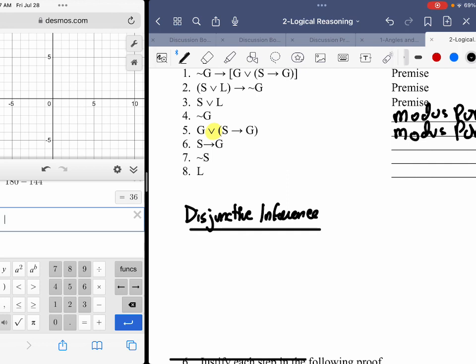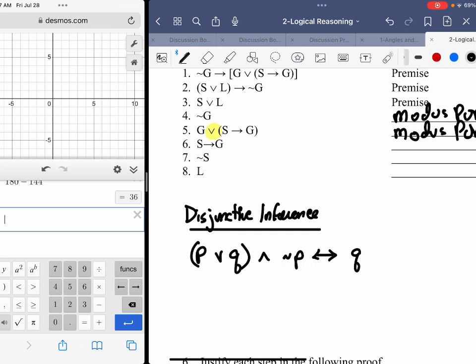All right, law of disjunctive inference, if I have something like P or Q, and then I tell you not P, then the result would have to be Q. All right, so this is the or instance, the real life or instance where it seems like a choice.